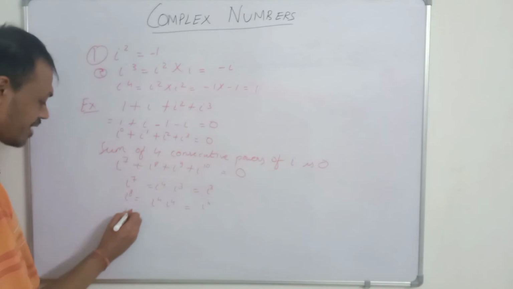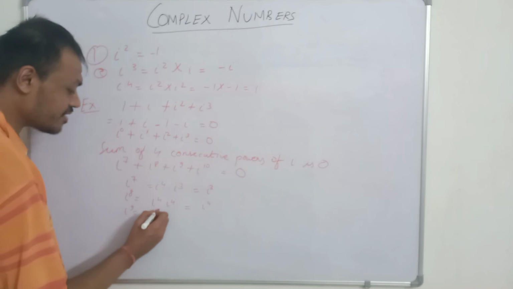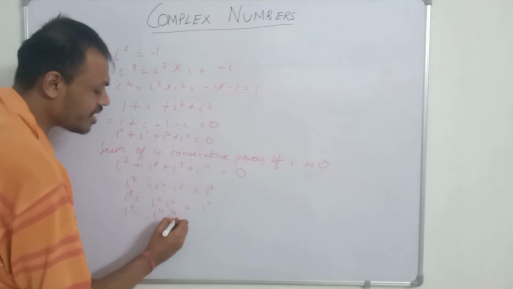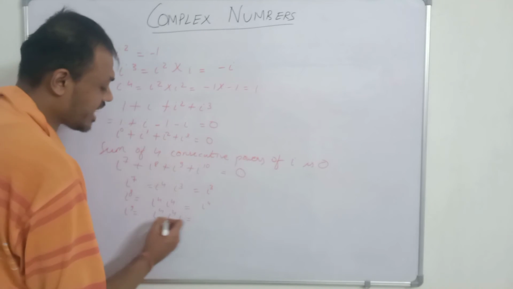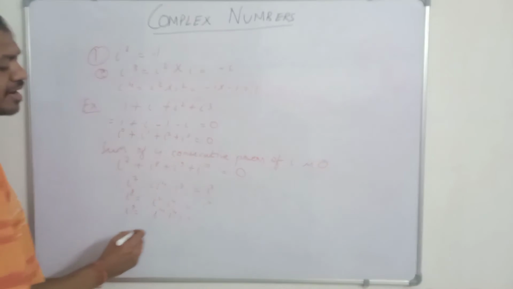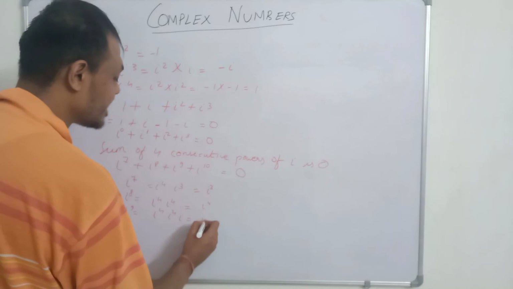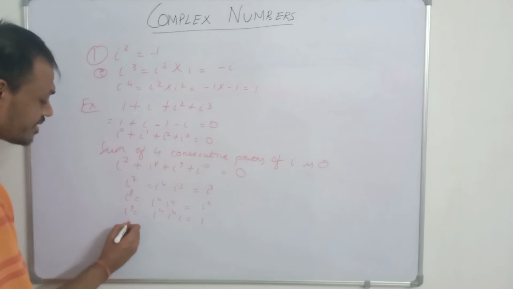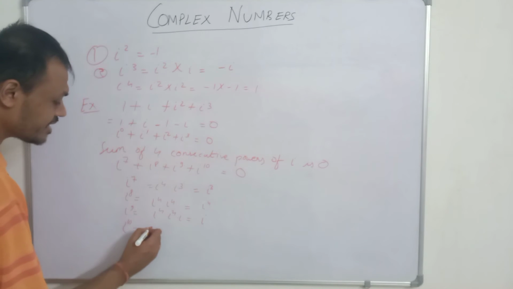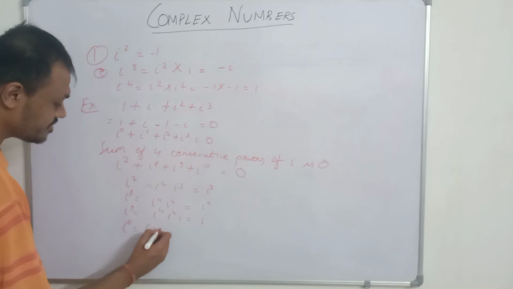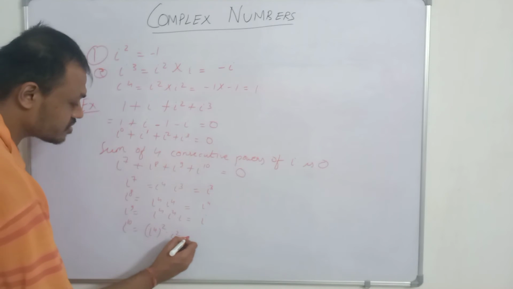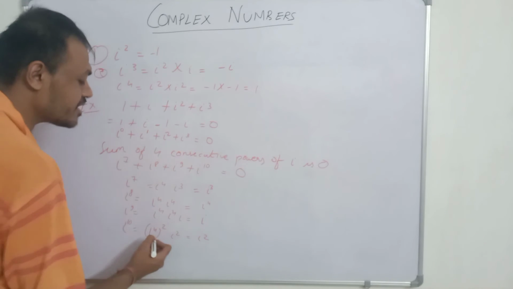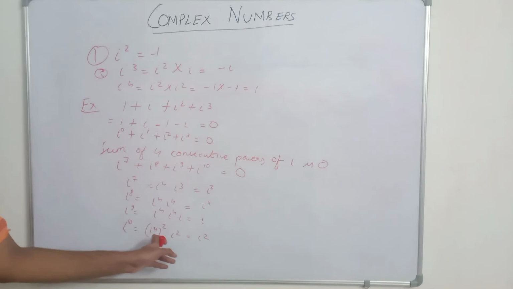Then iota to the power 9 can be represented as iota to the power 4 dot iota to the power 4 dot iota. So iota to the power 4 dot iota to the power 4 is equal to 1. So it becomes iota. Then iota to the power 10 can be represented as iota to the power 4 whole square dot iota square. So this is equal to iota square because iota to the power 4 whole square is equal to 1.